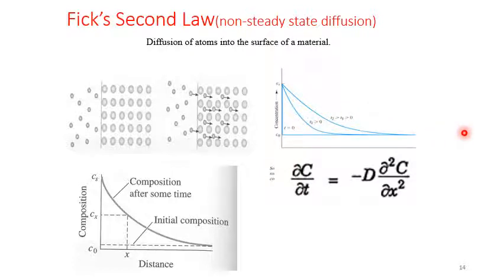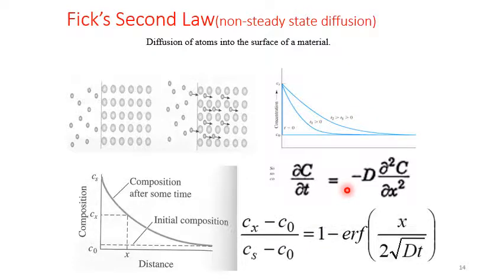When we remove that proportionality constant, the compositional change dc/dt equals minus D del square c by del x square. Here also the constant of proportionality is the diffusivity, in terms of meter square per second.